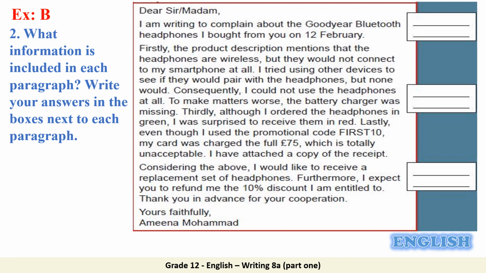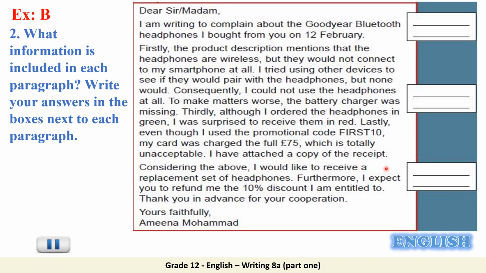We are still working on exercise B. This is question 2. What information is included in each paragraph? Write your answers in the boxes next to each paragraph. Well, how many paragraphs are there? There are 3 paragraphs in this email of complaint. Now, I want you to tell me what kind of information is there in each of the paragraphs.